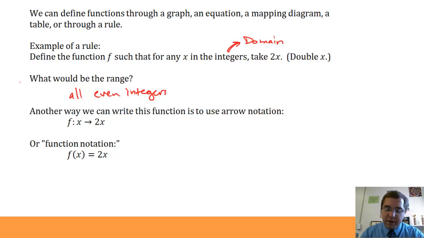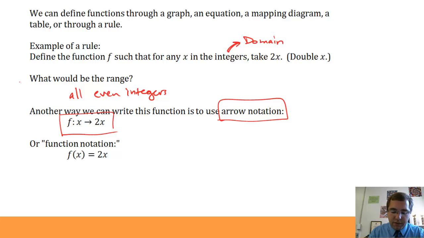Another way we can write the same function instead of in words is to use what's called arrow notation, where we say f is the function such that x goes to 2x. So that f and the colon are just notation saying the function such that x is mapped to 2x. The arrow means it's mapped to, it goes to. So the value x goes to 2x.